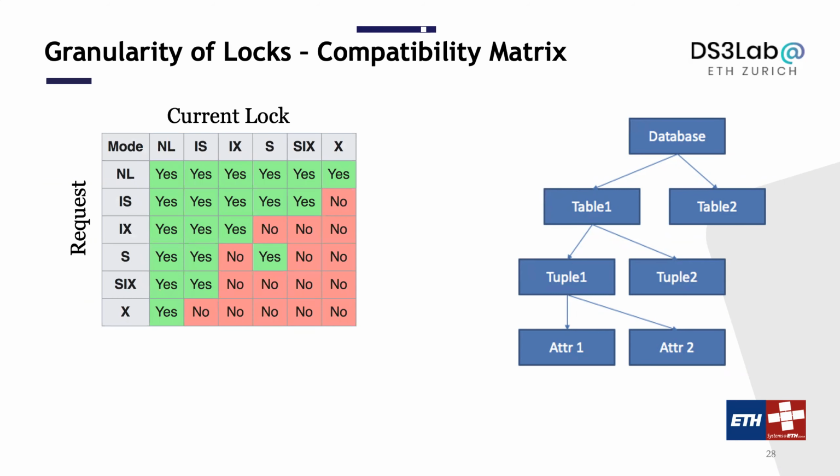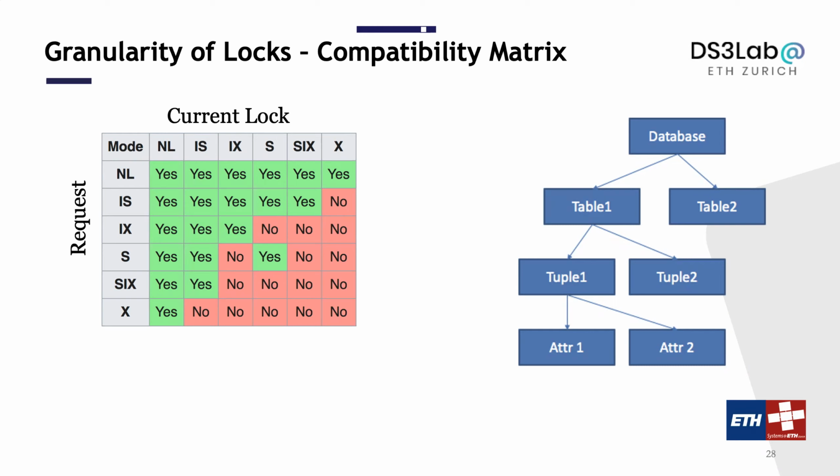Because now we introduce a whole bunch of new locks, we have intention shared, intention exclusive, shared, shared and intention exclusive, and exclusive, the compatibility table is going to change.